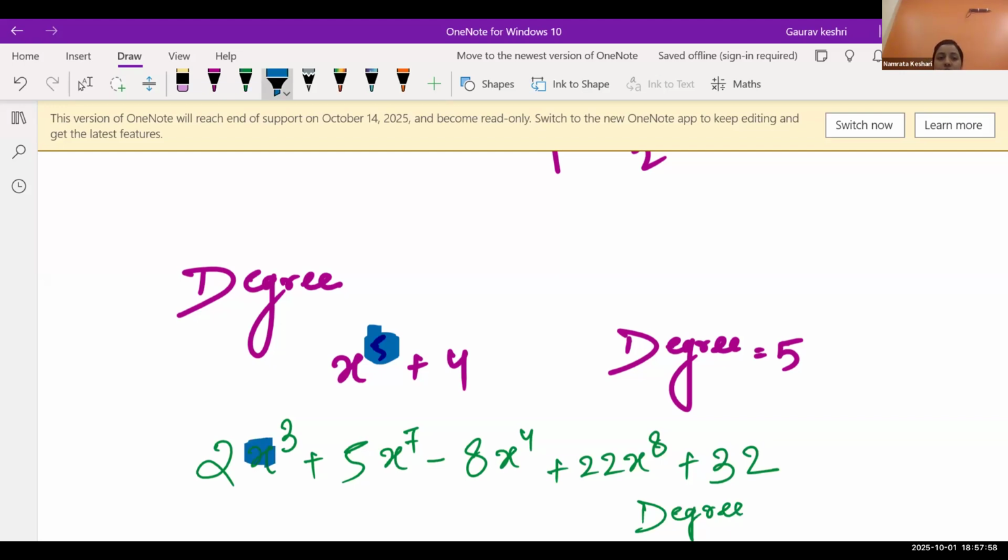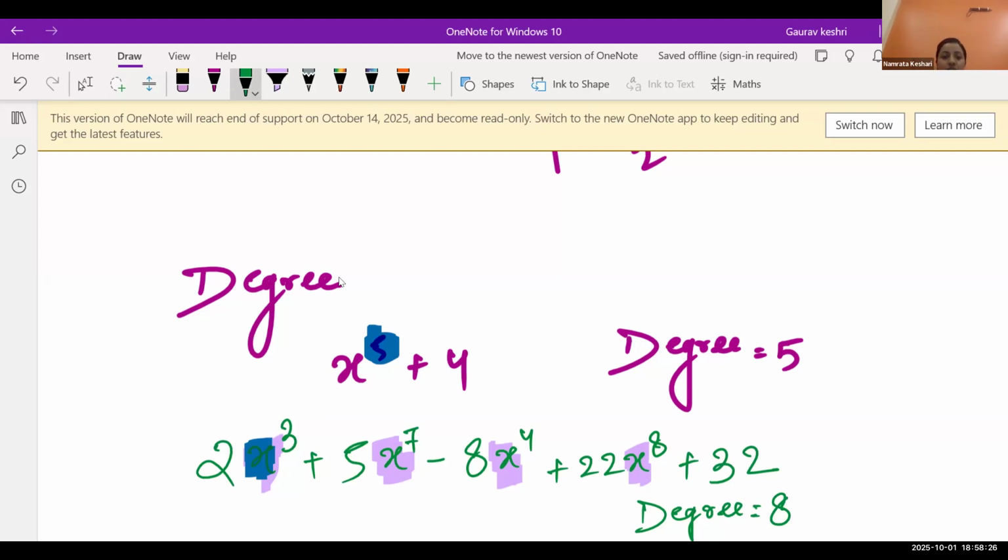Among all these variables, I will check the exponent of each and every one: exponent 3, exponent 7, exponent 4, exponent 8. Maximum exponent is 8. Degree will be 8. Making sense? Okay, so that's the meaning of degree.